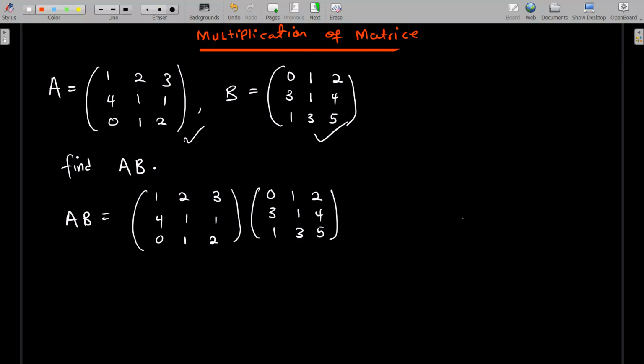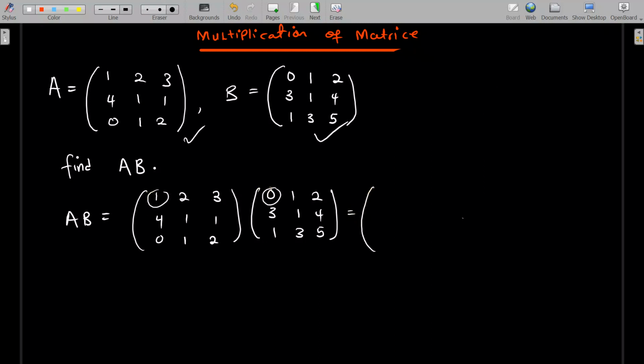So how I'm going to multiply these is that I'm first going to pick the whole row 1 of the first matrix and multiply it by column 1, and I'm going to do them entry by entry. Okay, so I pick the first row. The first entry is 1.